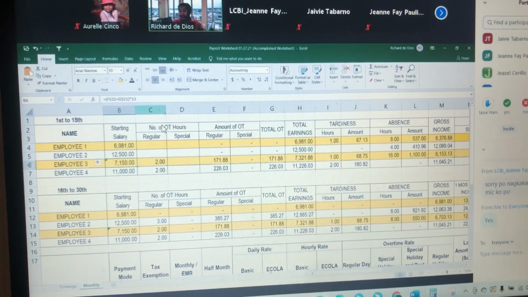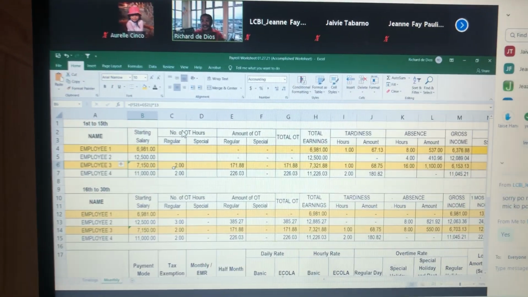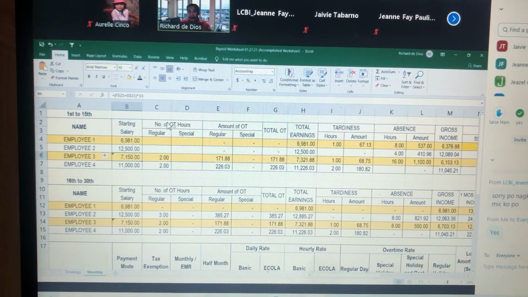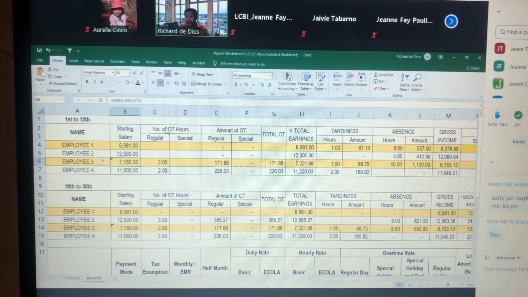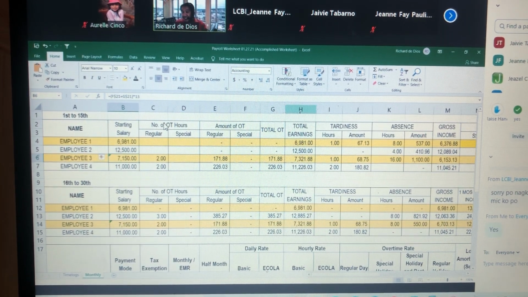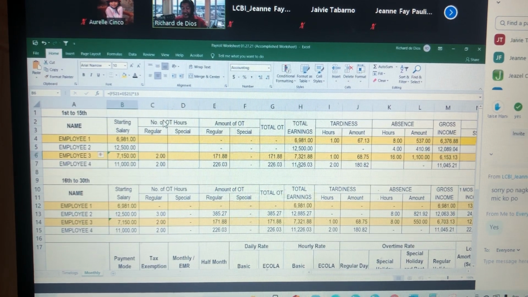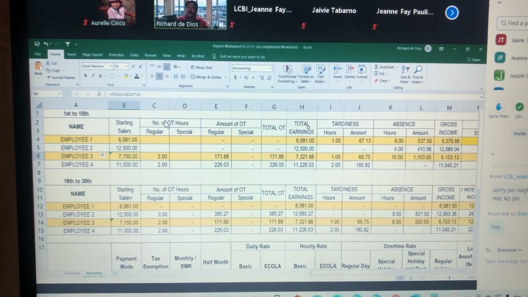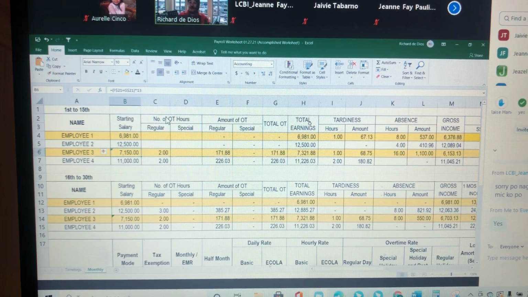You compute for OT. Okay? Then, if you add salary plus OT, tawag mo dyan total earnings. Palagi nyo po ang uunahin nyo yung add bago po yung subtract.